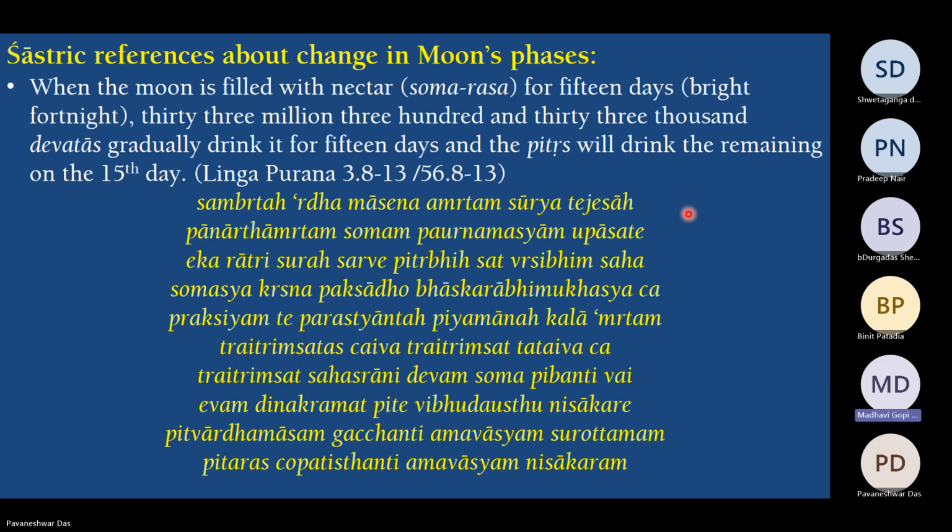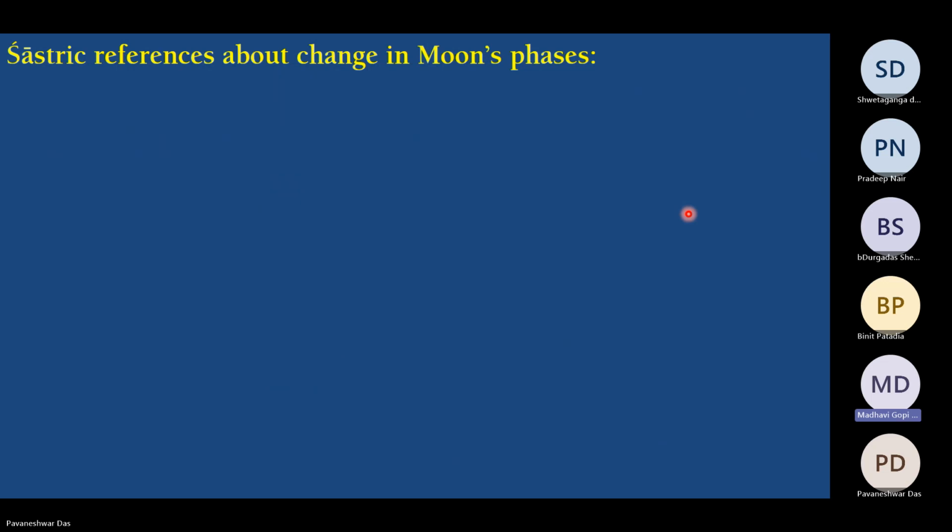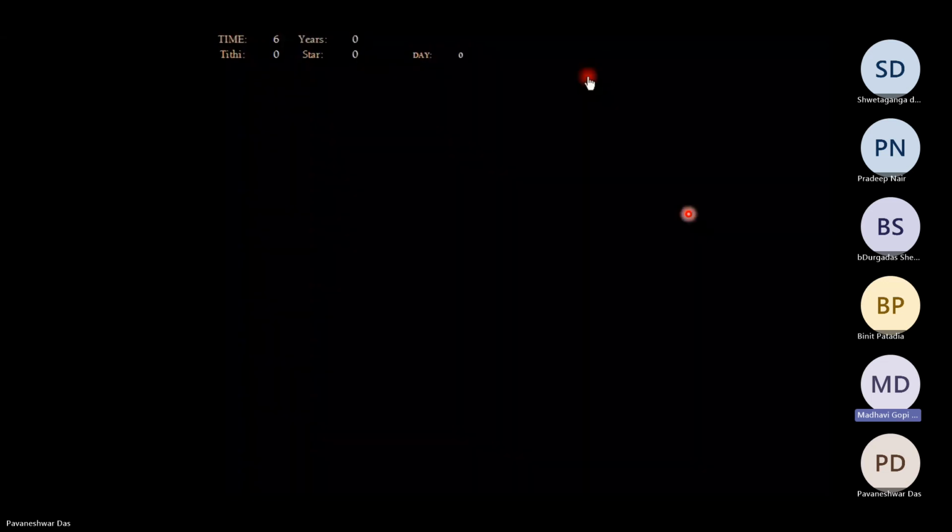Because in that total diagram, the cross section of the whole universe, it is mentioned that from the sun's orbit to the moon's orbit it is 0.1 million yojana. So that is the difference between the orbits we should understand, and this is the distance from the earth? I'm confused actually.